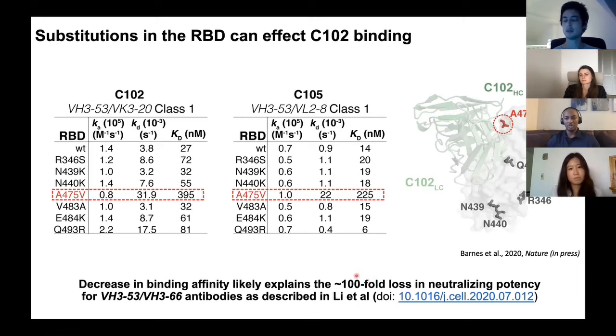So it's somewhat of a resistant mutation, with a 100-fold loss in potency against this one mutation at this position. But all in all, these antibodies are still able to neutralize. Since they're already neutralizing at very potent levels of 3 to 30 nanograms per mil, a 100-fold loss in neutralizing potency still makes them capable of neutralizing within the context of a polyclonal mixture.